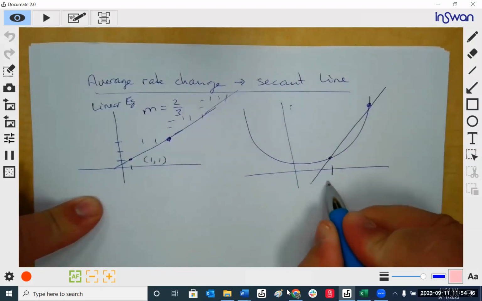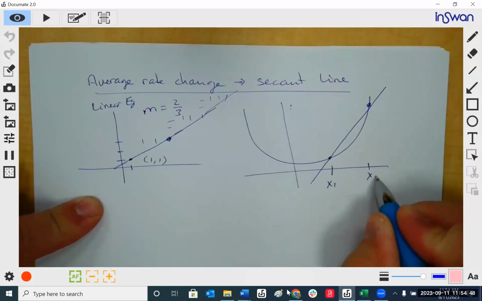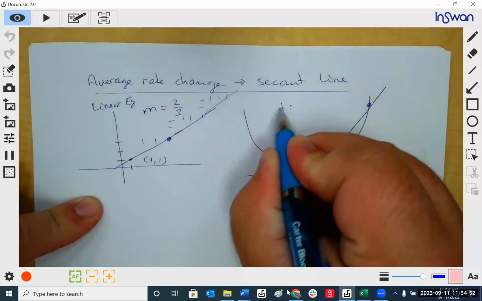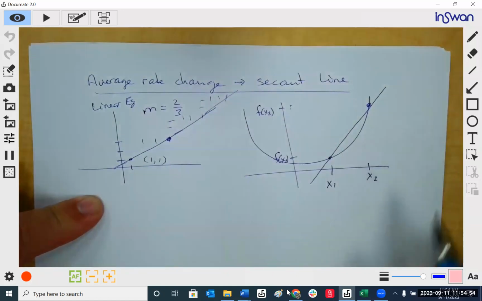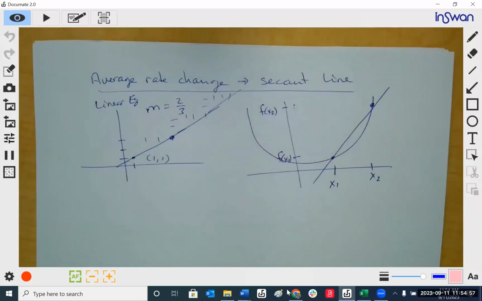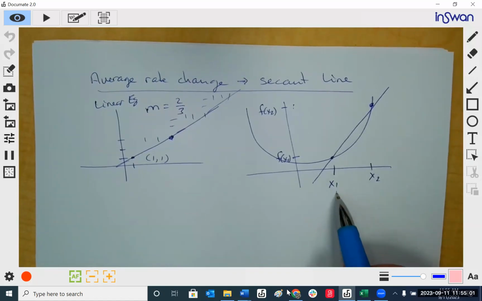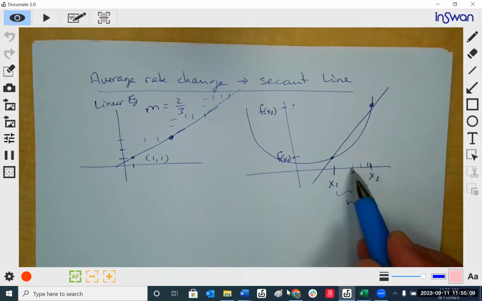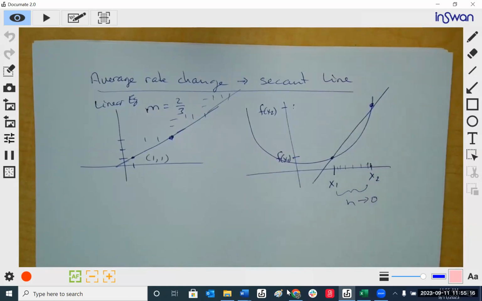you have x1, x2, that corresponds to f of x1, f of x2. That's the secant line. That doesn't tell me the slope of the curve. And that's why we define this distance as being h. So as we make this one get closer to x1, we're saying that h, the distance, becomes 0.